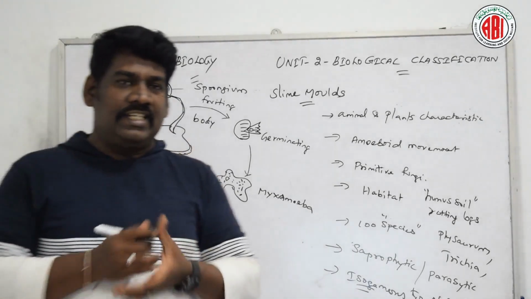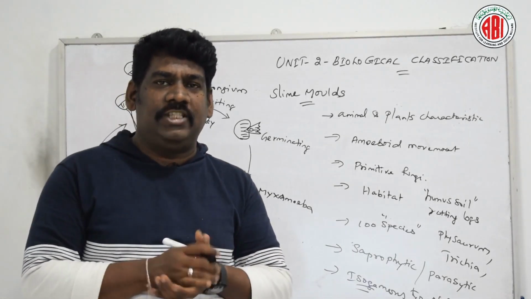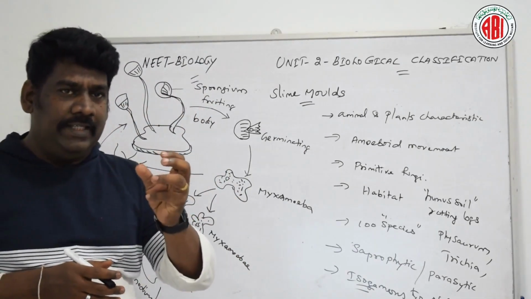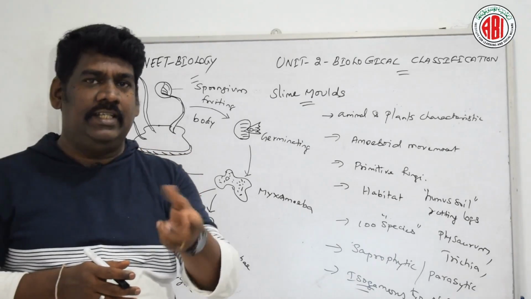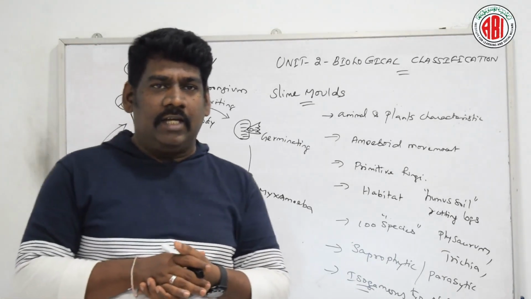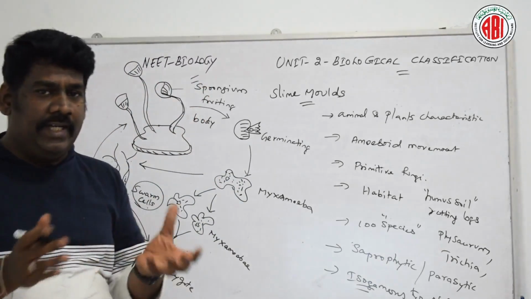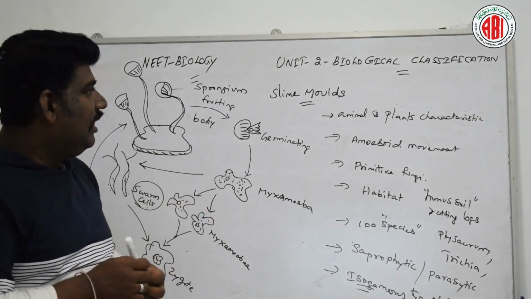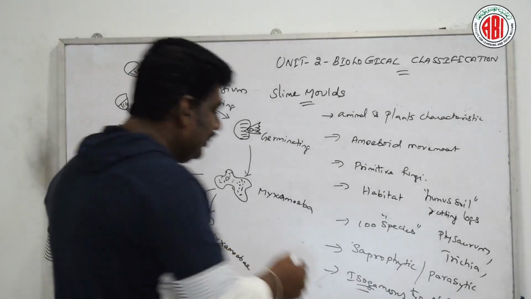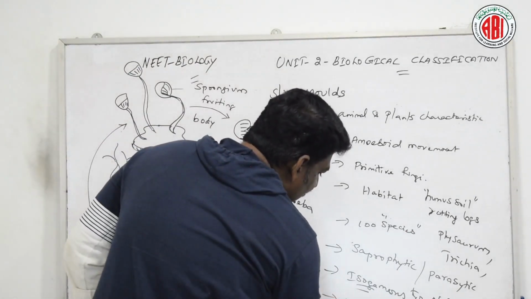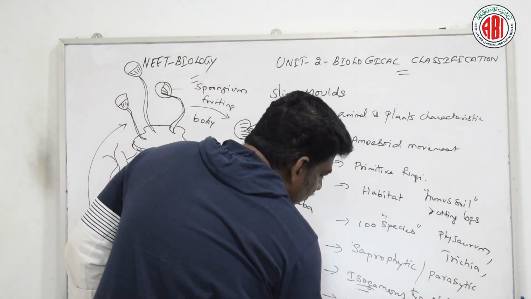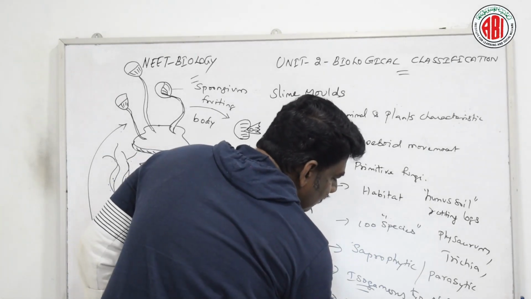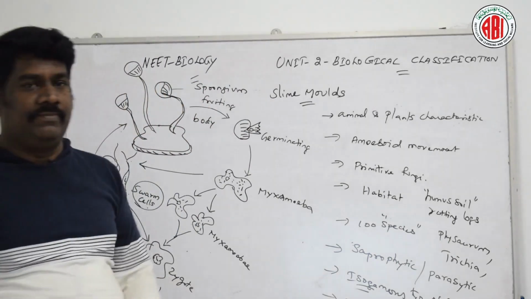The thallus consists of a slimy mass of protoplasm, and that is the reason the thallus can be seen as naked, without a cell wall, and it is also made up of a multinucleate structure, and this multinucleate structure of the thallus is called the plasmodium. So plasmodium is the name of the thallus which contains the multinucleate stage. Plasmodium, the body of the organism.